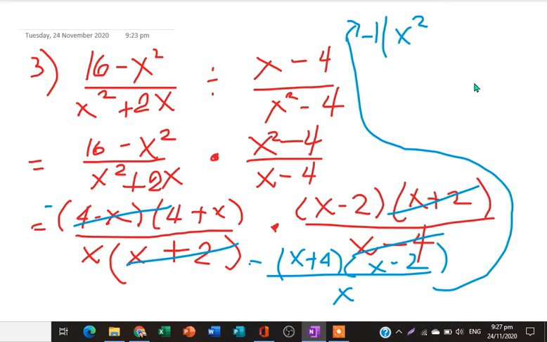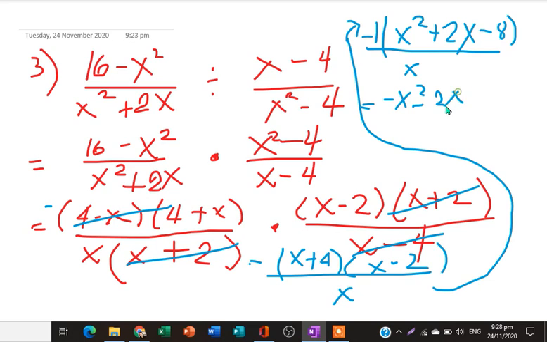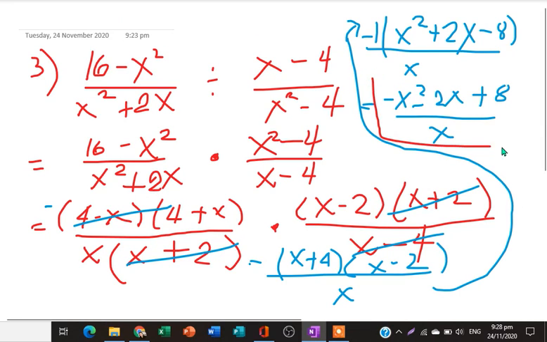So we have 4 minus 2 is positive 2x. 4 times negative 2 is negative 8 over x. So therefore, to simplify, negative times positive is negative x squared minus 2x plus 8 over x. So therefore, this is now the final answer. Okay?